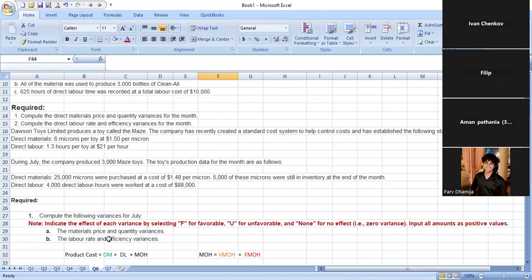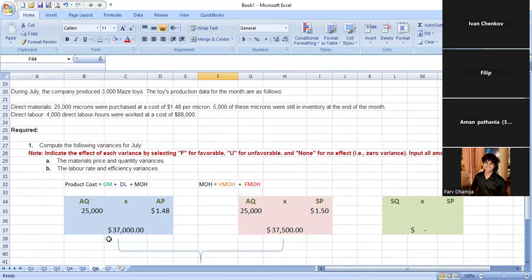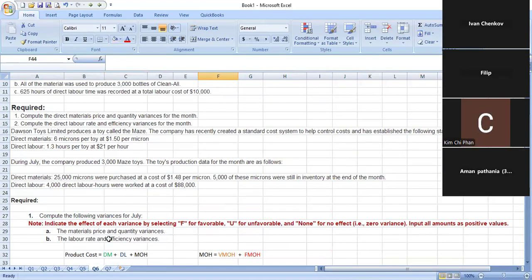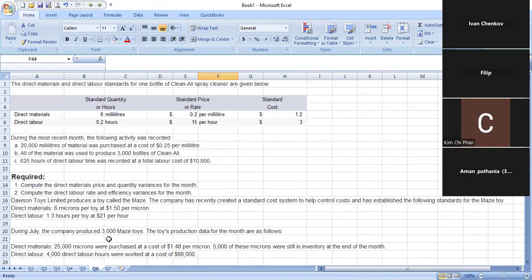I meant this question, or this different question? I think it's the same question. Yeah, they produce 3,000 toys. Standard cost, standard materials. Yeah, because it's up there. Standard cost per millimeter.